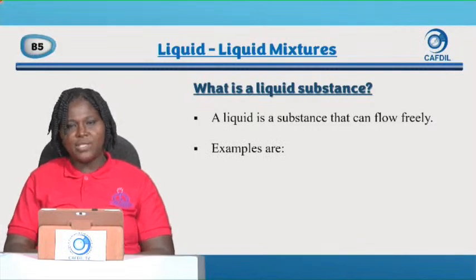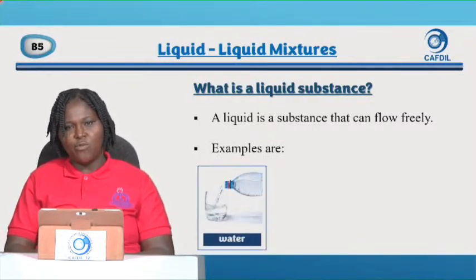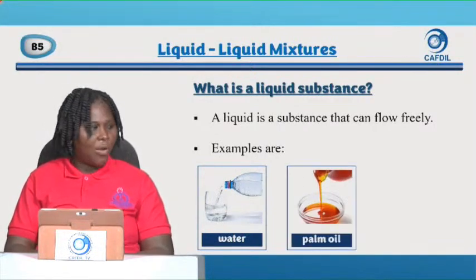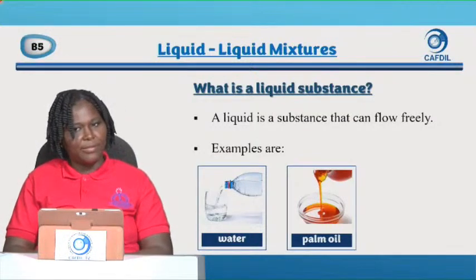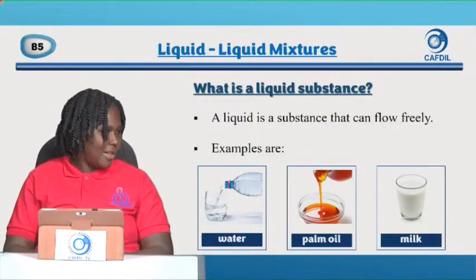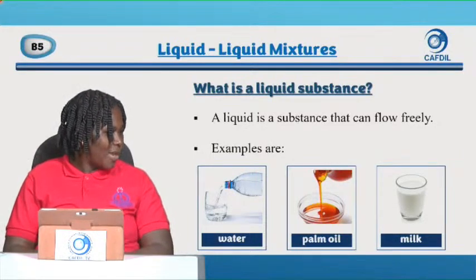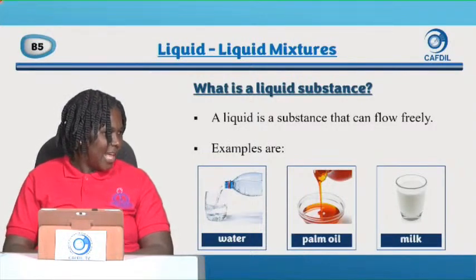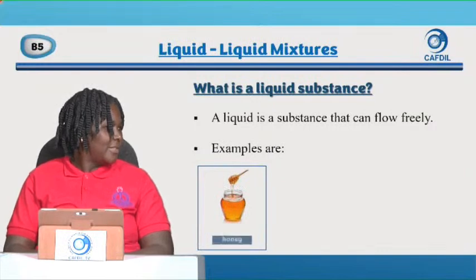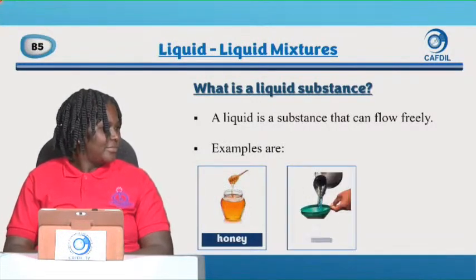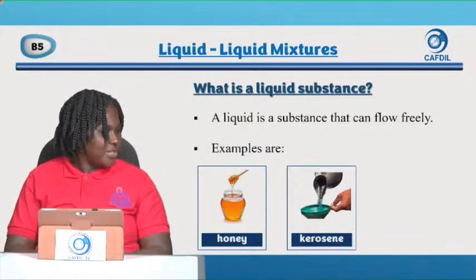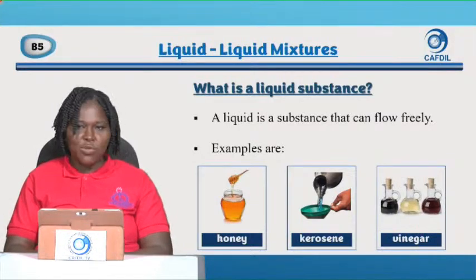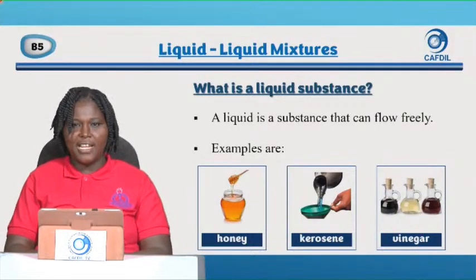Examples are water, palm oil, milk, honey, kerosene, and vinegar. So these are liquids.